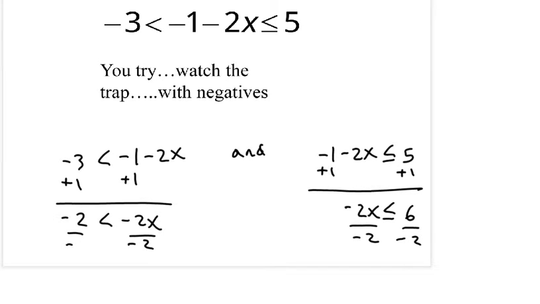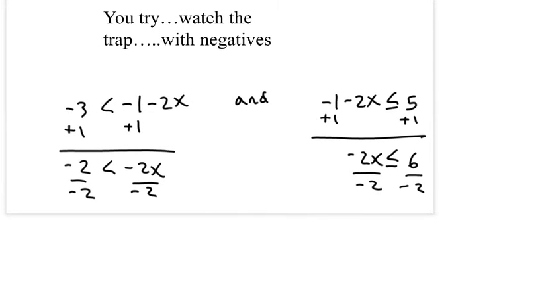So now we end up with, on this side, x is greater than or equal to negative 3. And on the other side, we have 1 here. So x is less than 1. And we can write this again.